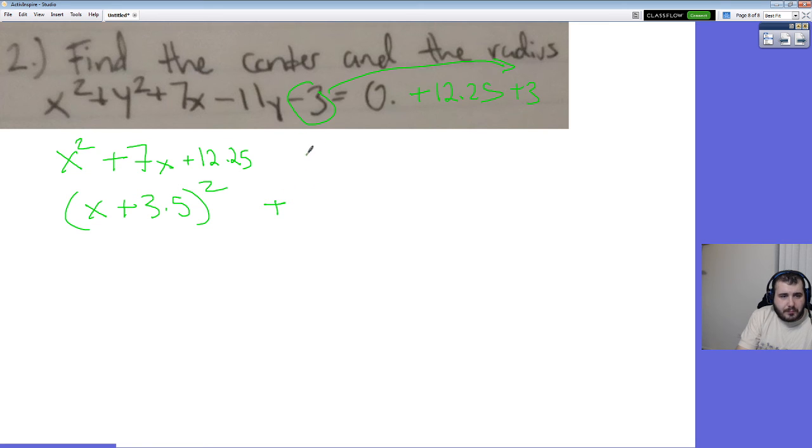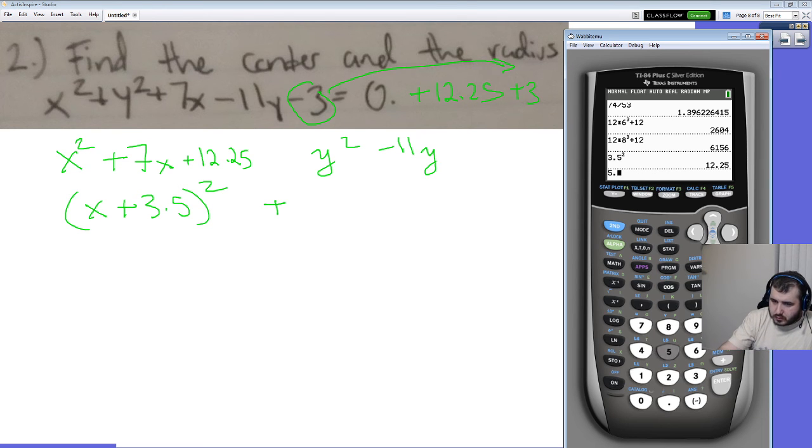Now we're going to do our y part. And once again, you know, it's an odd number, and that's okay. So we're going to divide by 2 and square it. So 5.5 squared. Because I'm not going to do that in my head.